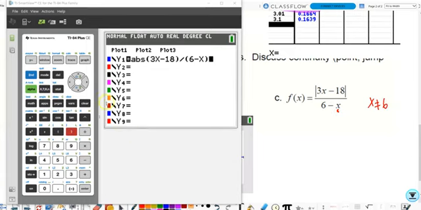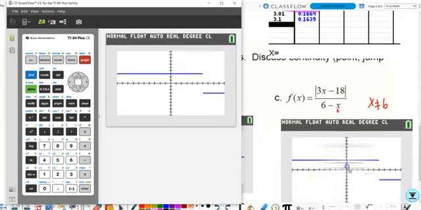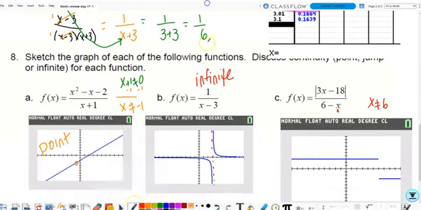That would make the denominator 0. So sure enough, 1, 2, 3, 4, 5, 6. Here's x is 6. And again, your calculator is not sophisticated enough to draw these open circles at the end. But this is the jump discontinuity.